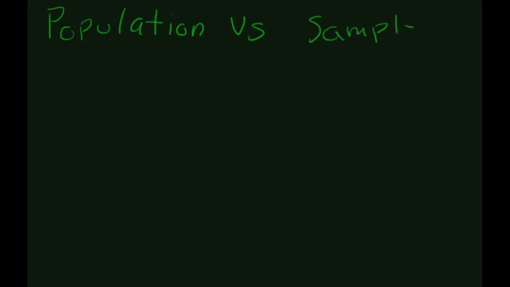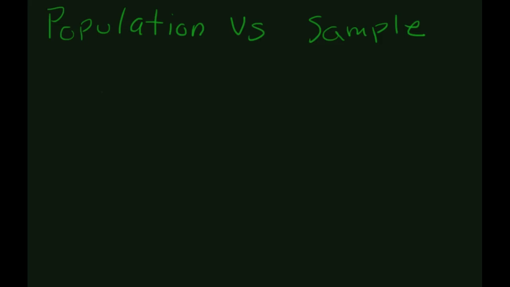Okay, so the first thing that we're talking about in this section is the difference between a population and a sample. Okay, so a population is defined as the complete collection of all measurements or data that are being considered.